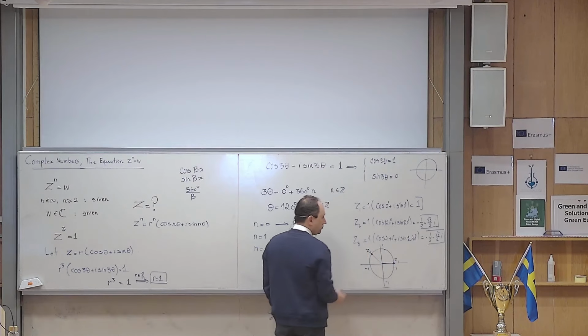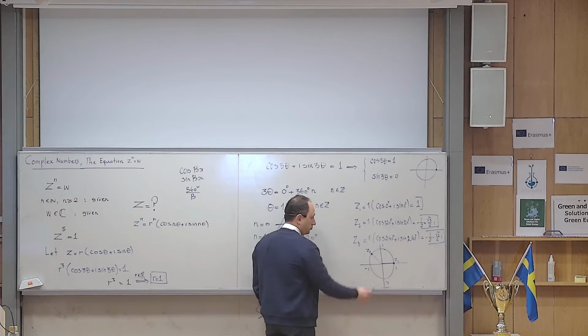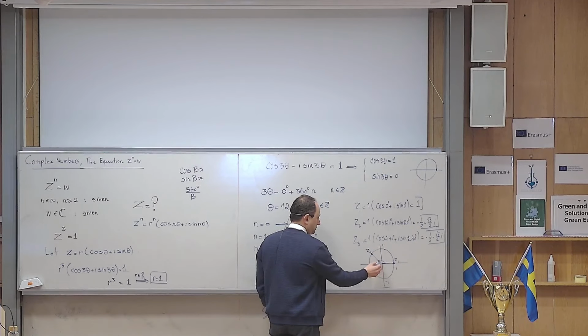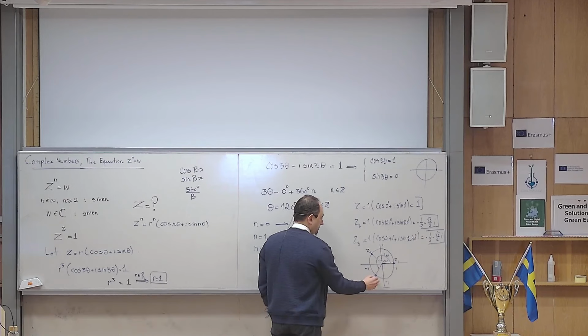But what is Z3? Z3 has the same radius, has the same absolute value, but its argument is 240. So it means that from here to here was 120. And then I go here. So from here to here is 240. And I get this one is Z3. Okay?